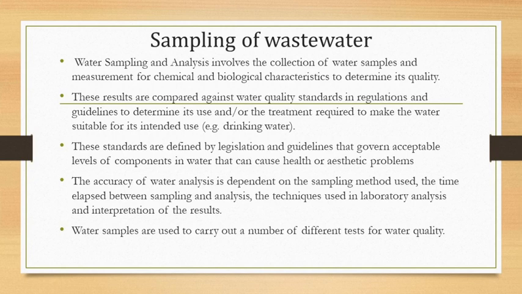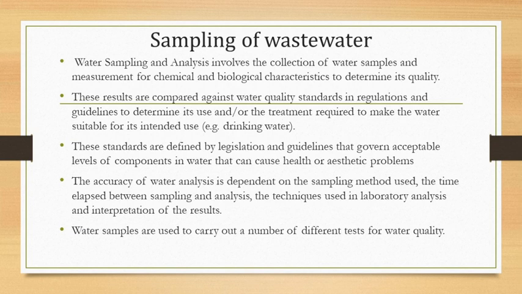Now, what are the methods of sampling? Basically, there are two methods of sampling which are used. The first is the grab sampling method, and the second is the composite sampling method. A grab sample consists of a portion of wastewater taken all at one time, that means we collect the sample a single time.